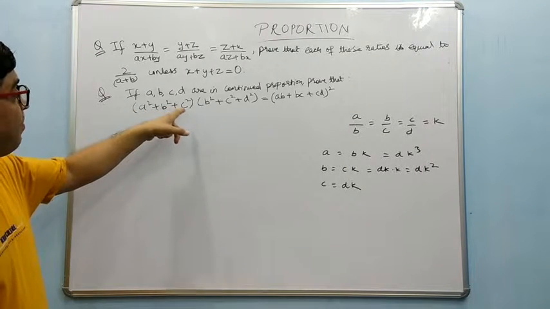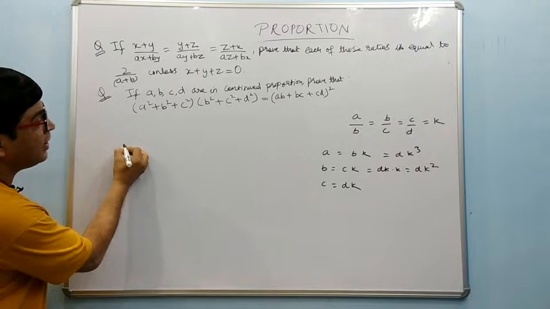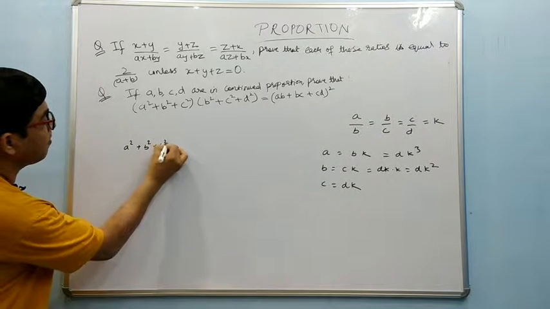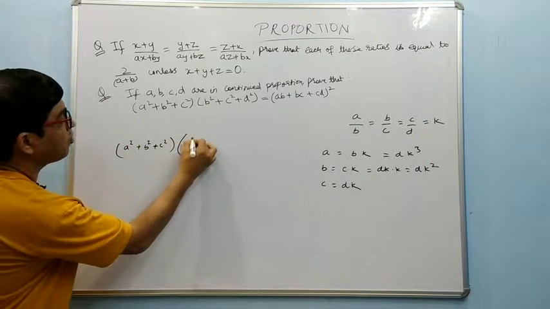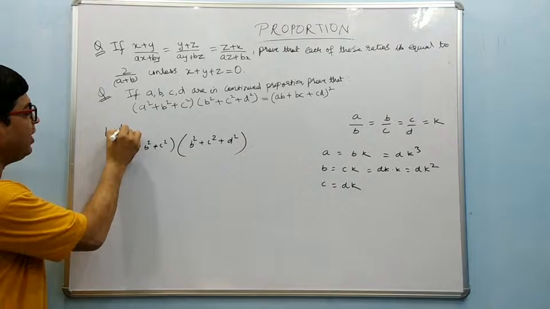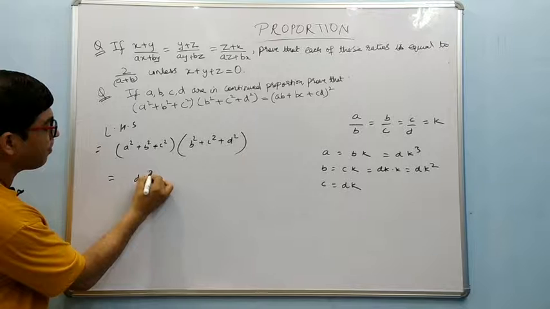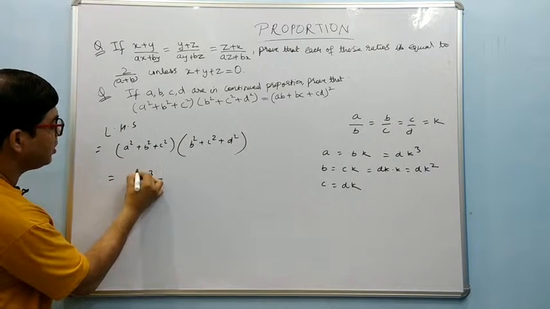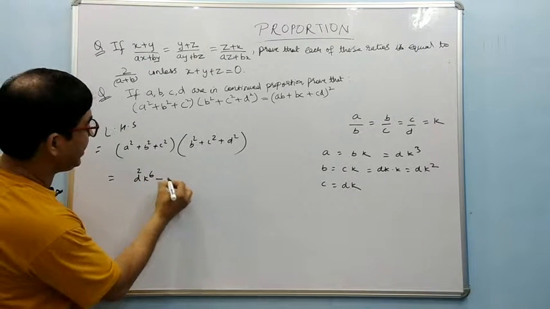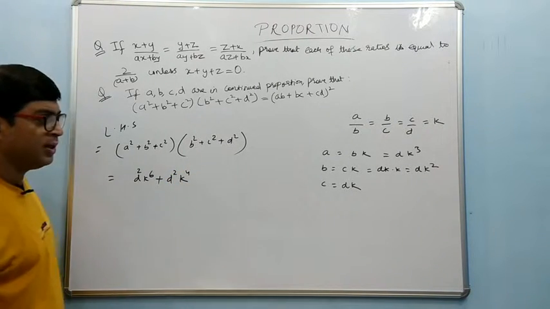That is (a² + b² + c²)(b² + c² + d²) is equal to that. We'll firstly pick up the LHS. That is (a² + b² + c²) into (b² + c² + d²). LHS we are taking care of firstly, then we will go for the RHS. For a we will write dk³. For a², the square of this thing, that is d²k⁶, b is dk², so b² will be d²k⁴, is it?